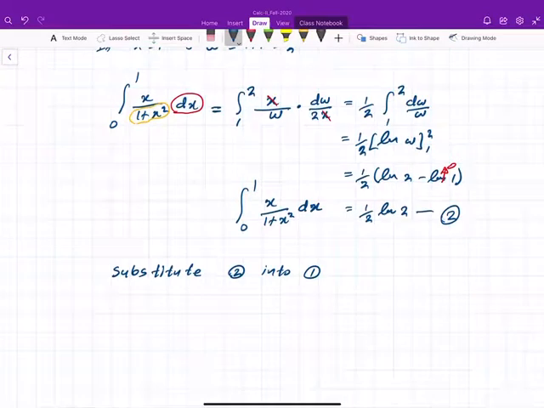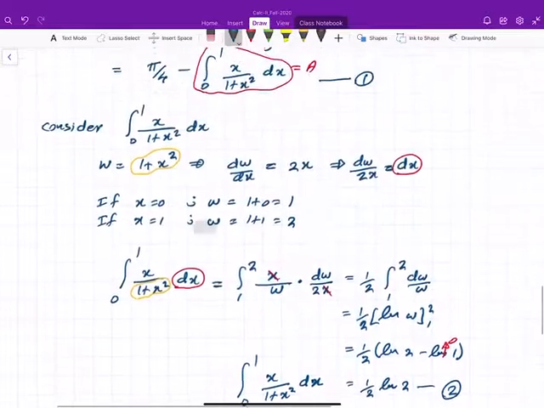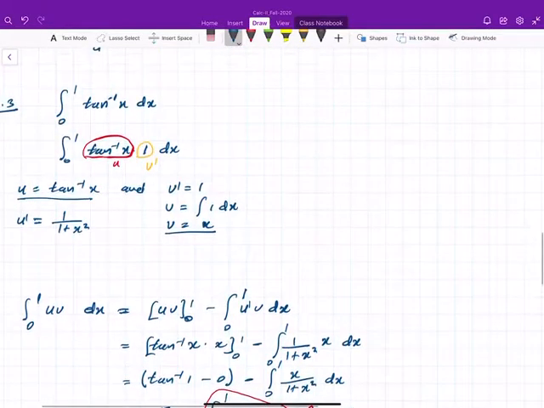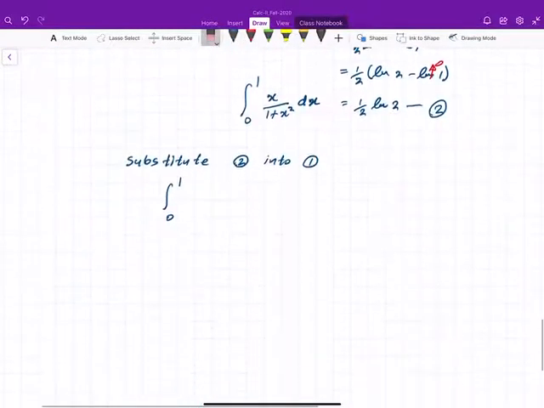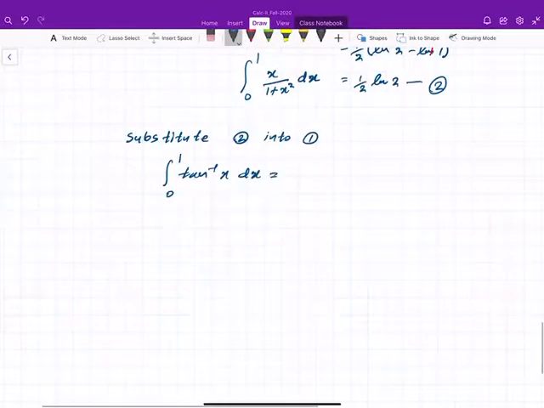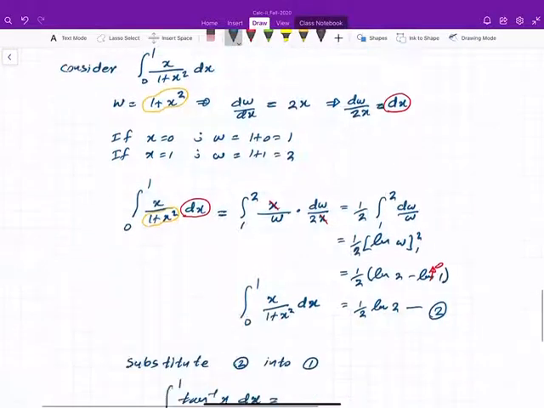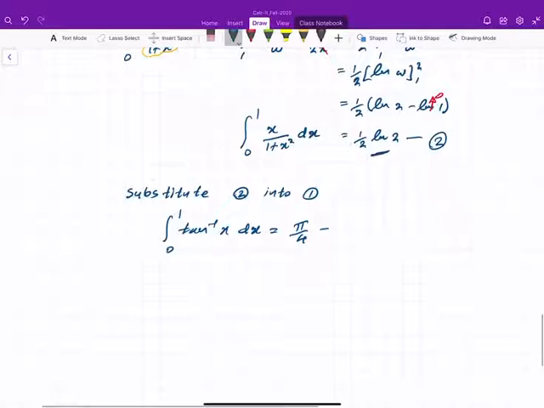Then you get the original problem, integration from 0 to 1 of tan inverse x dx, which is pi over 4 minus this part, which is half ln 2.